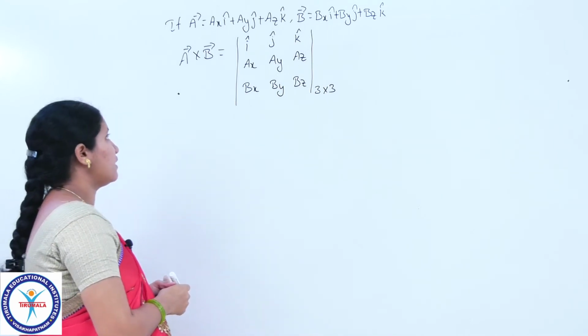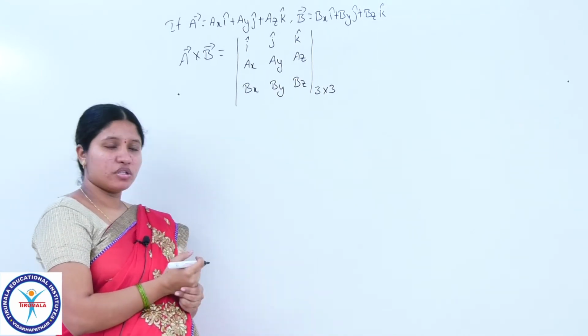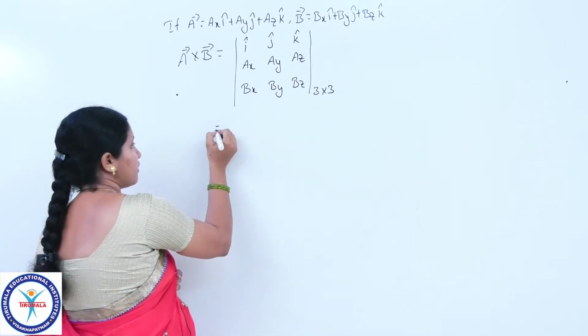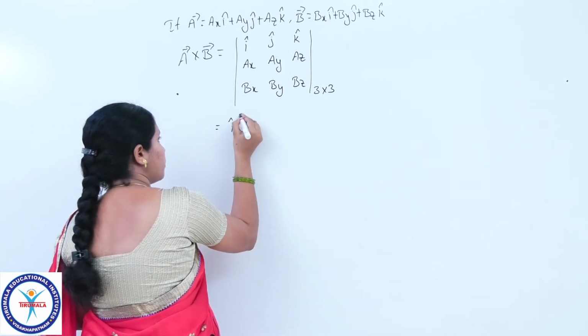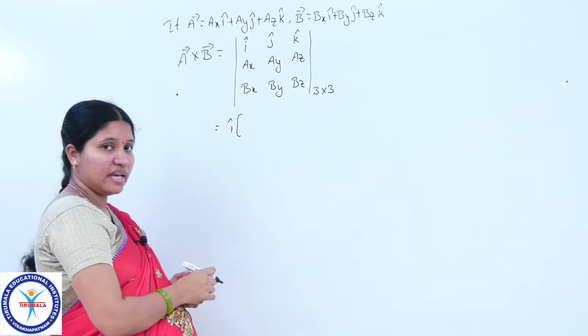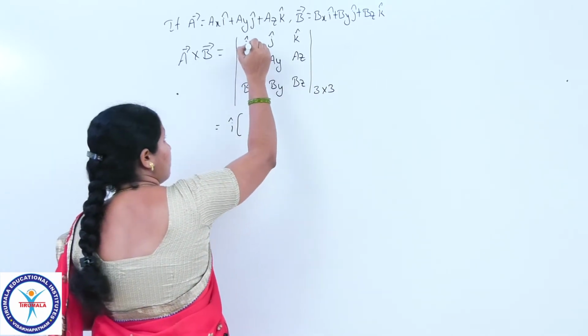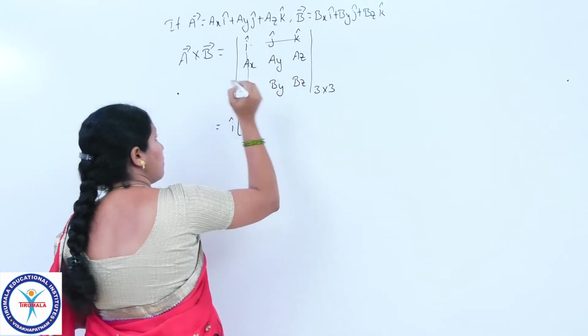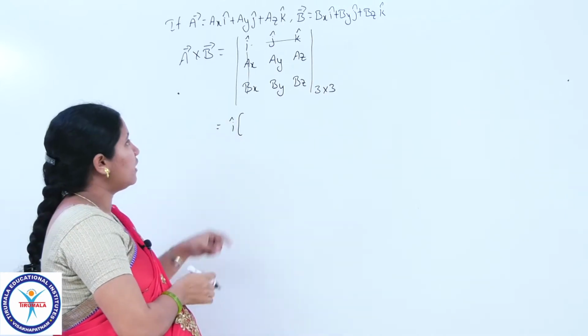Now let us see how to find out the a bar cross b bar value. First, i cap into, as I am considering i cap, the elements in the first row and first column are eliminated. So what are the remaining ones?